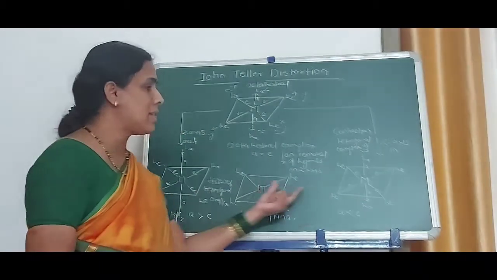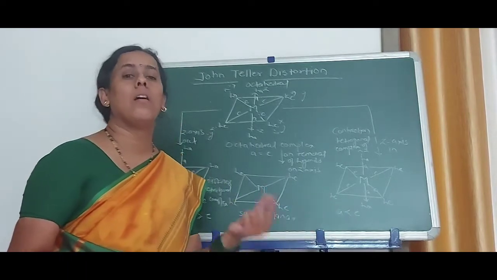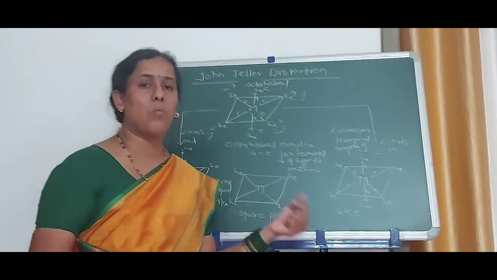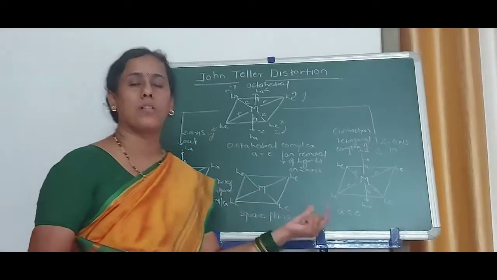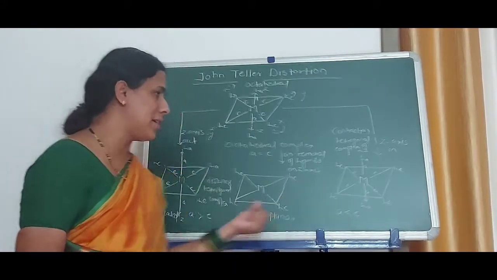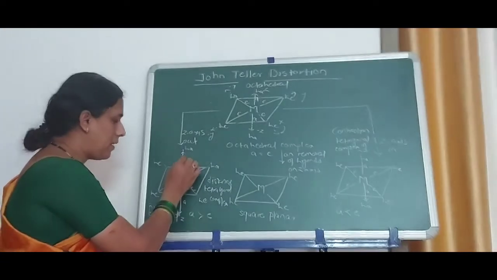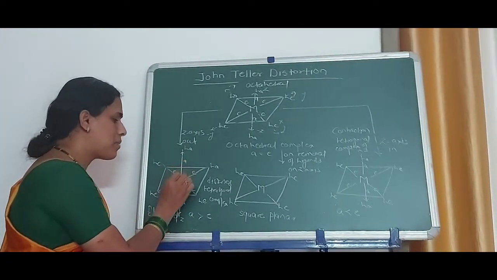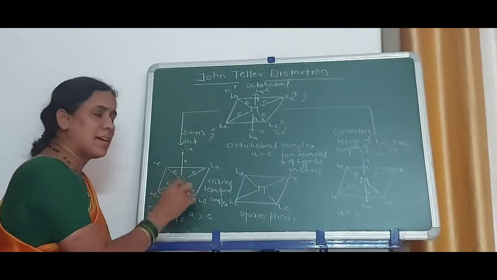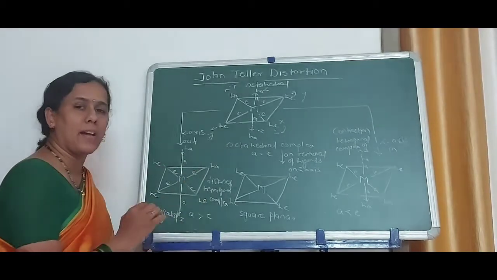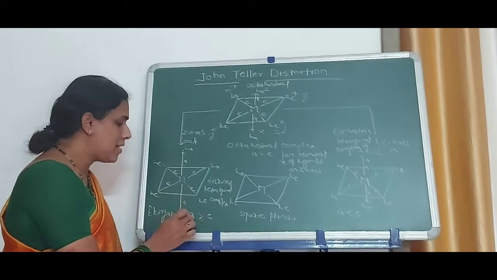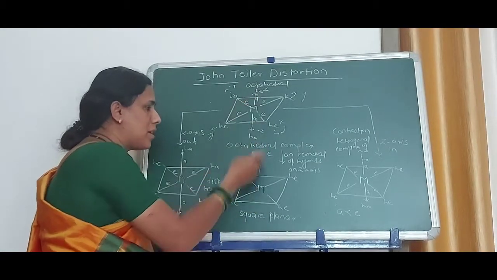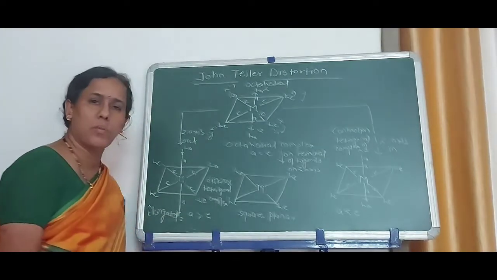Now the reason behind this is the asymmetric filling of electrons in the Eg orbitals. Now, what are the conditions for the distortions? Let us see. First, I will repeat this. On elongation, the axial distance from the central metal ion to the ligand increases in comparison with the equatorial ligands, that is, A is greater than E. On completely removing two ligands on the Z axis, there is formation of square planar geometry.